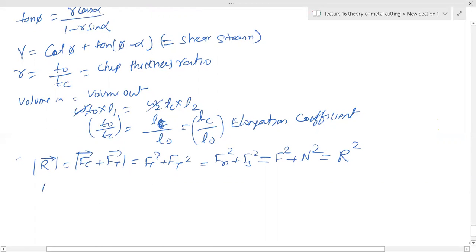Then Fc is equal to R cos (lambda minus alpha), and Ft is equal to R sin (lambda minus alpha).